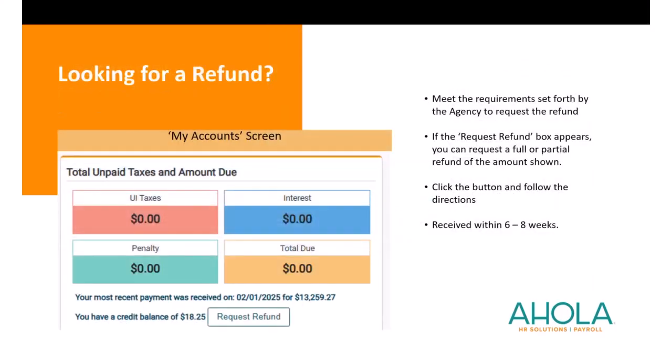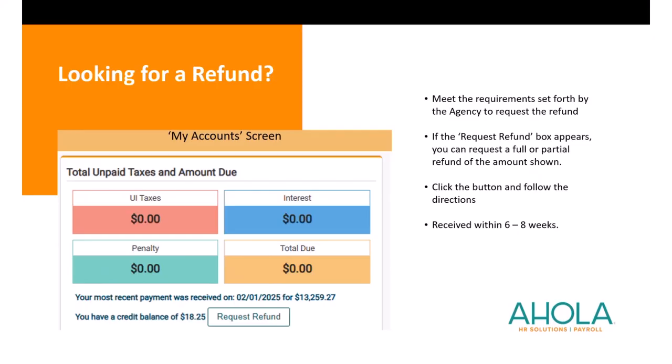Now, some of our clients have received a refund of the taxes they have paid. To view the status of your account, again, you will navigate to the My Account screen, and this will display your taxes and any amount that you are due. It will also show your last payment details.